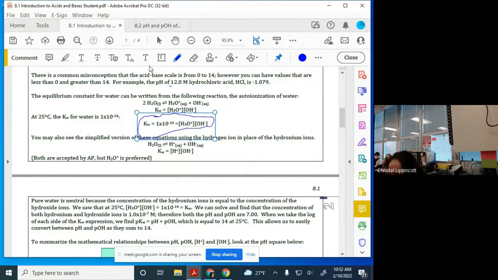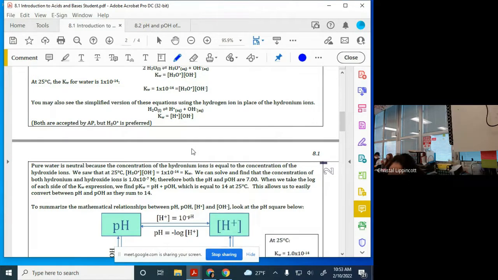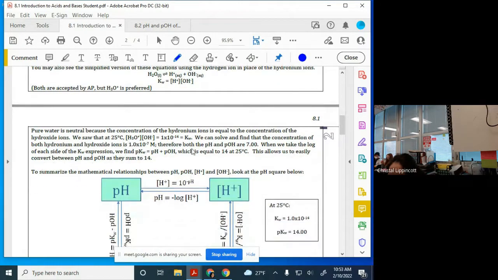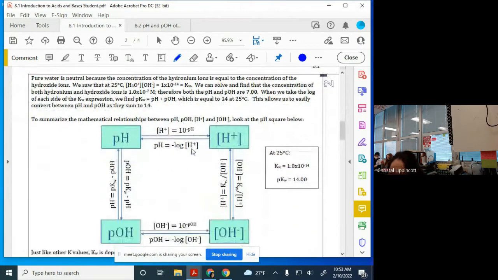So you don't have to have that memorized. So pure water is neutral because the concentration of your hydronium and your hydroxide are equal to one another. We can solve to find the concentration of both hydronium and hydroxide, and then figure out pH as well.